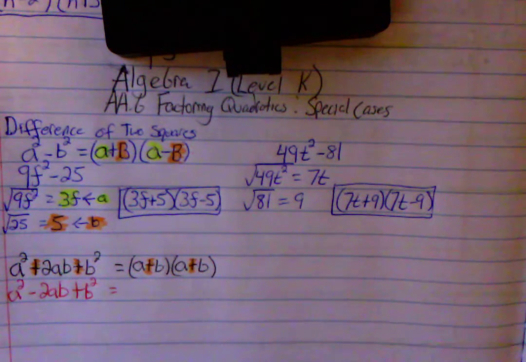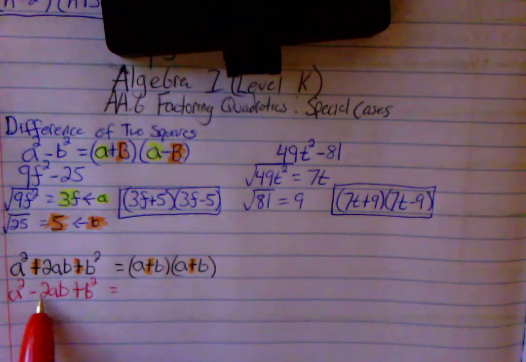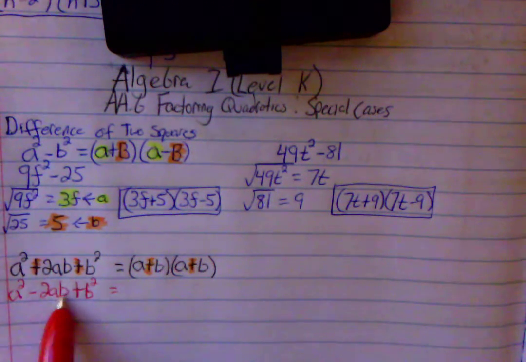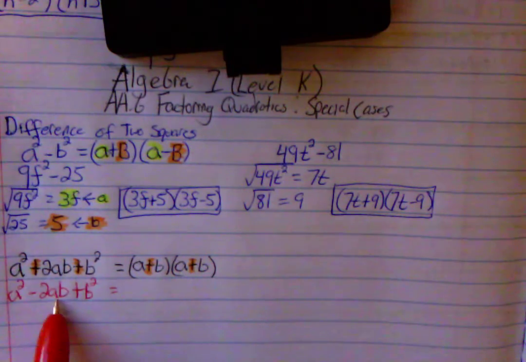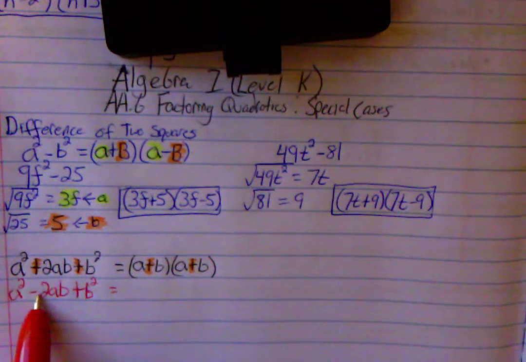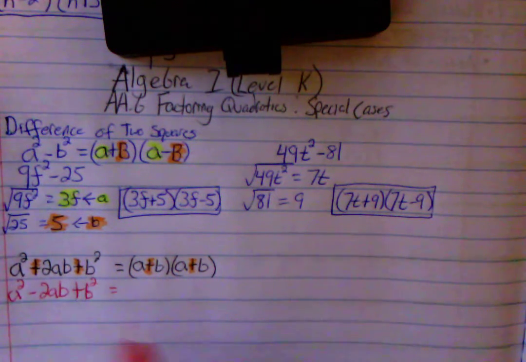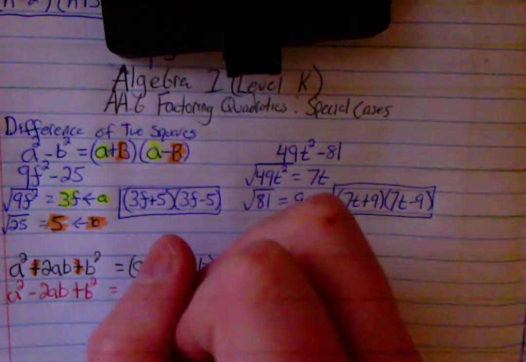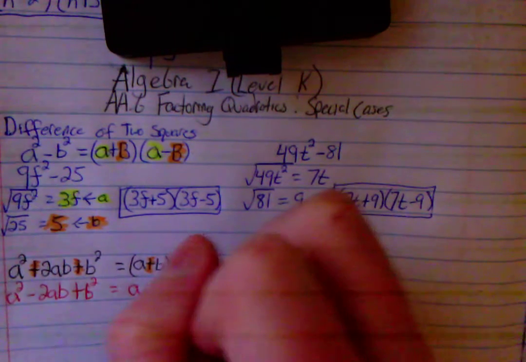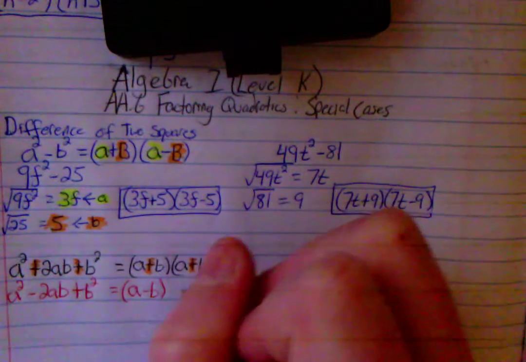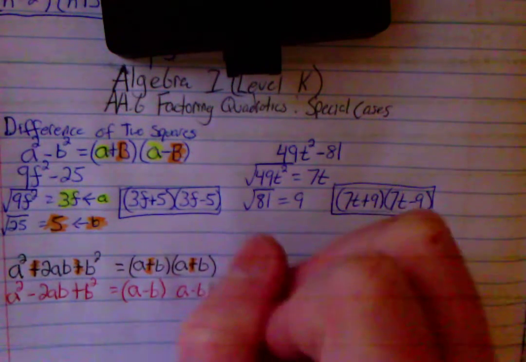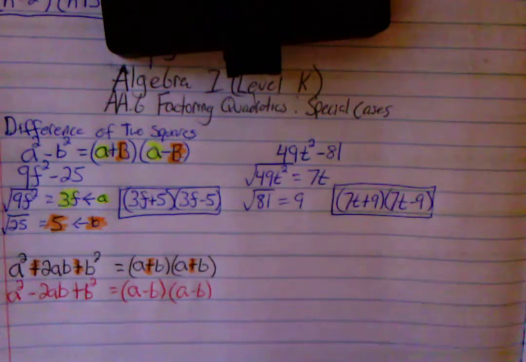When I say b, I mean the standard form of a quadratic, ax squared plus bx plus c. Here, if I were looking at my term b in standard form, I would have a negative. So I know a negative times a negative is a positive.